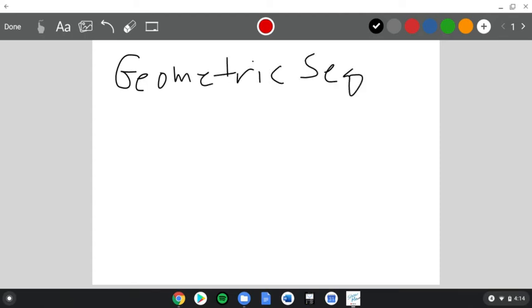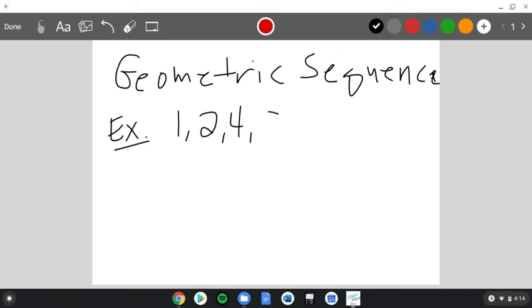When you have a geometric sequence, then with your list of numbers, you multiply to get from one number to the next instead of adding like you do with arithmetic. So if this is our sequence, you can see hopefully that to get from one number to the next, you're multiplying by 2 each time.